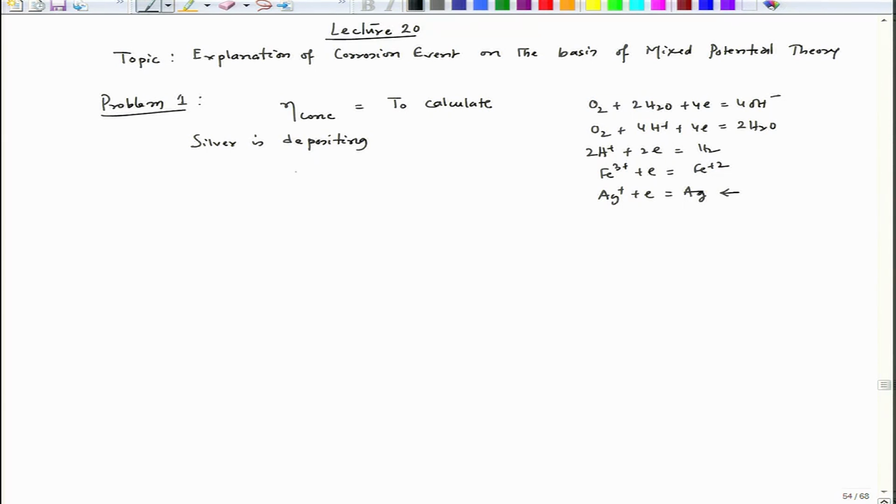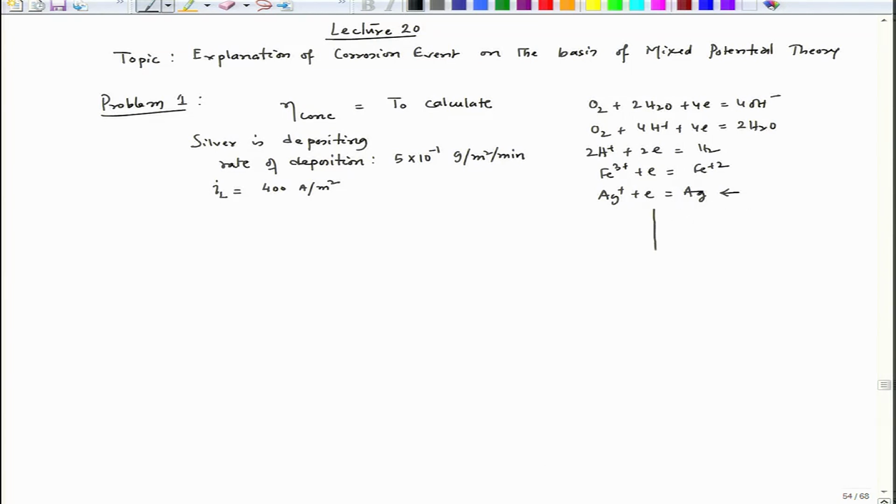Silver is depositing at a rate of 5 x 10^-1 gram per meter square per minute. This is the deposition rate, and in that situation iL equals 400 ampere per meter square. That is the maximum deposition for this reaction.